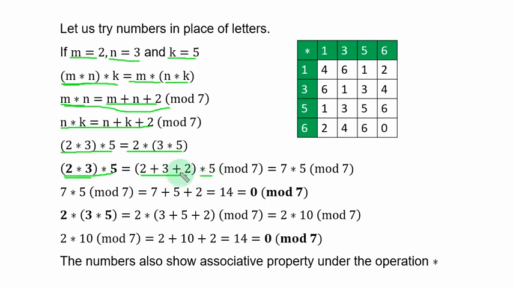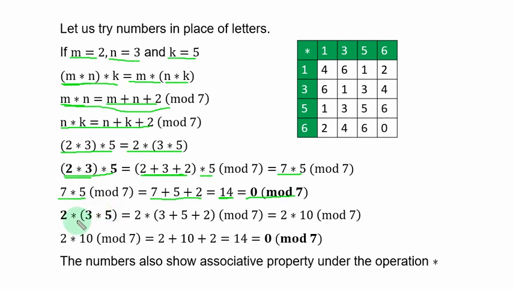So if you add the elements here, you have 7 asterisk 5 modulo 7. Okay, so let's get 7 asterisk 5. Here again we are taking m as 7 and n as 5. So we have 7 plus 5 plus 2, and that is 14. Divide 14 by 7, you have 2 remainder 0. That is 0 modulo 7.